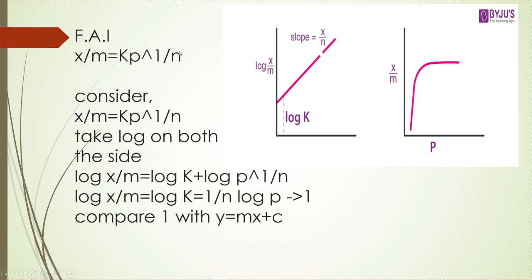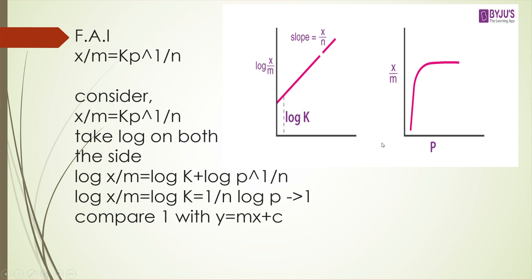Here x is the mass of the gas adsorbed, m is the mass of the adsorbent, k is a constant, p is the equilibrium pressure, and n is also a constant. Now we derive the expression for Freundlich adsorption isotherm.